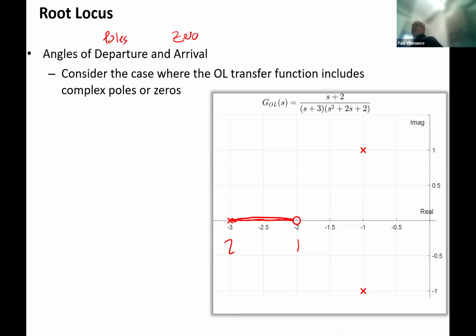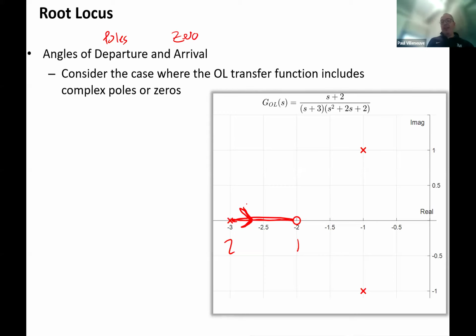So it only lives between -2 and -3. And it starts at a pole, ends at a 0. I guess I have to say that a lot more because that helps us with the direction of our arrow. Now, that branch is done.